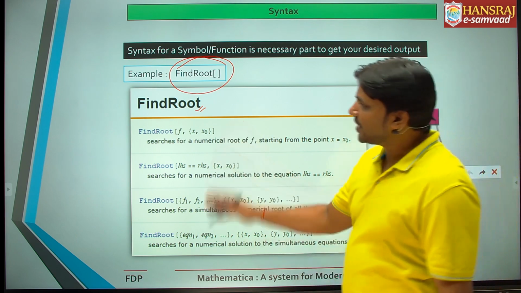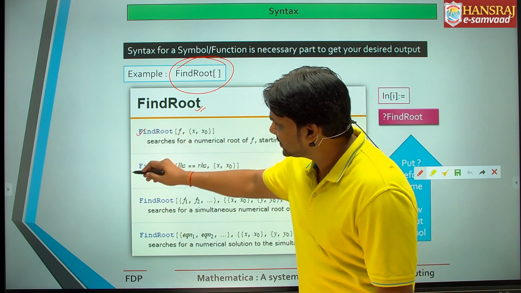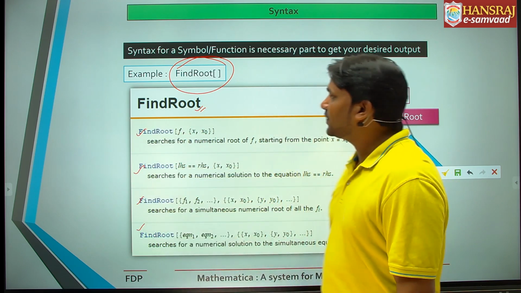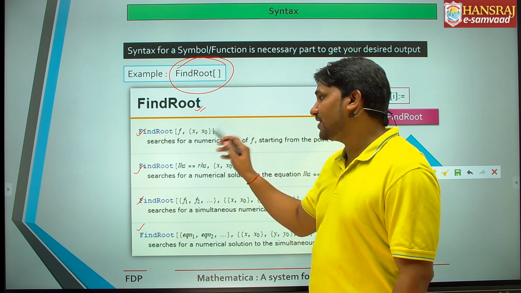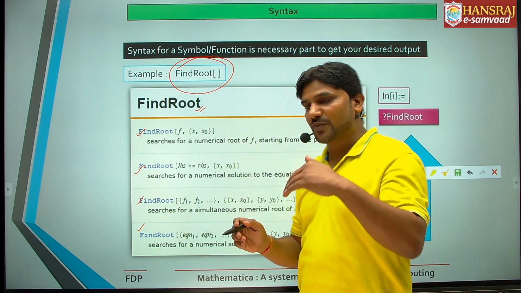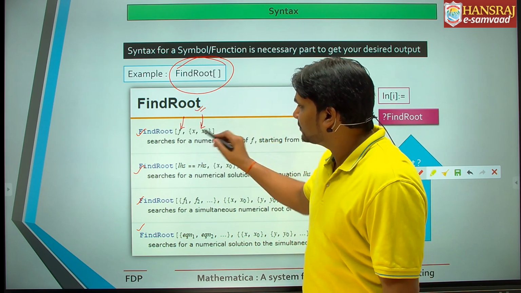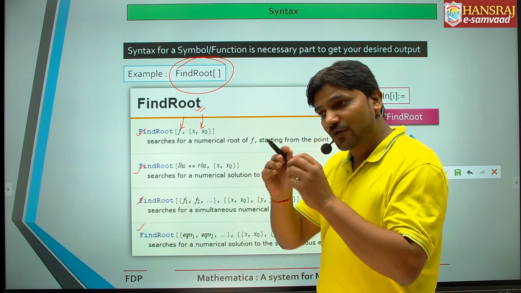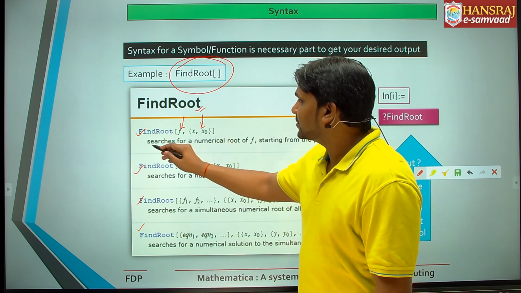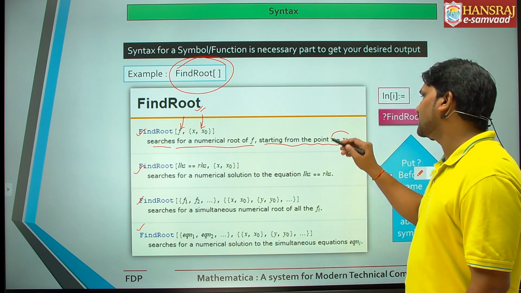So here is one example, FindRoot. Now you can see that there are 4 syntaxes. The first syntax is FindRoot in square brackets, which means we are giving some input to that particular function, and f is the function, and this one is some type of range, or some input for some values. It searches for a numerical root for f starting from the point x equal to x naught.